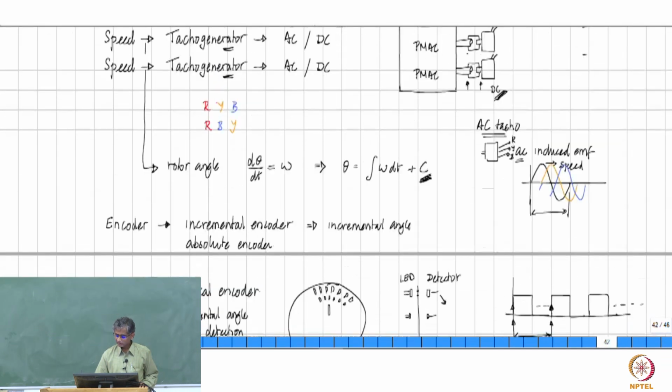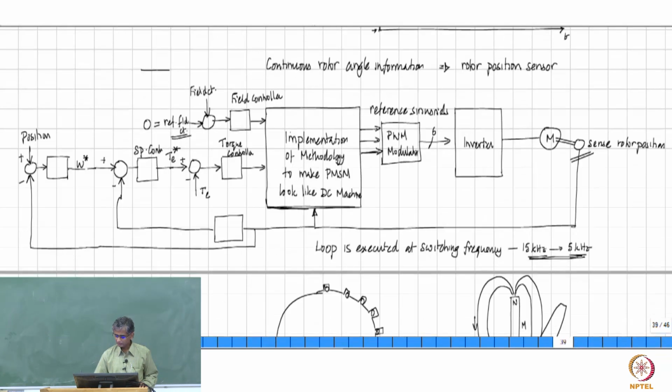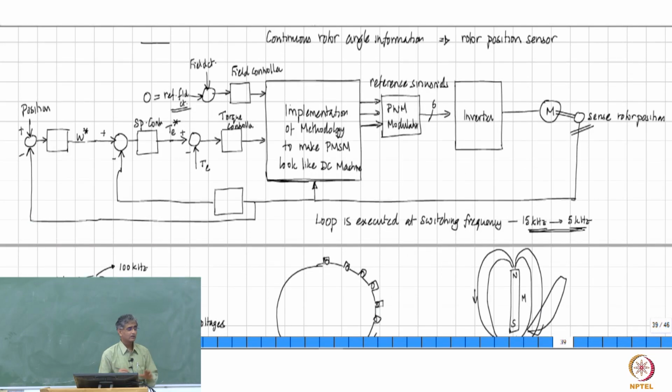So in all these, all the instruments or the devices which we said can be used for angle measurement are to be used here in order to sense the angle of the rotor, which is required in order to make this AC motor look like a DC motor for the purposes of control.